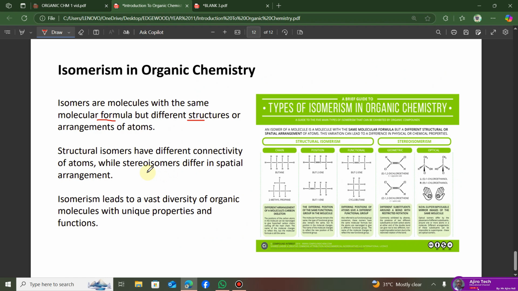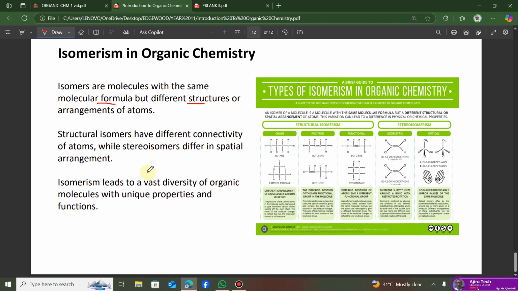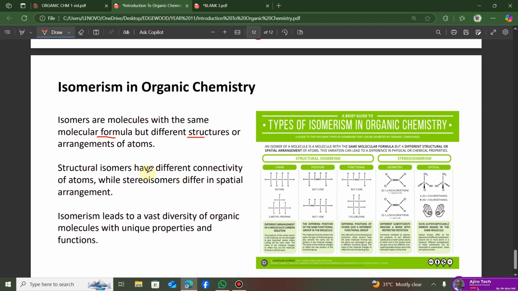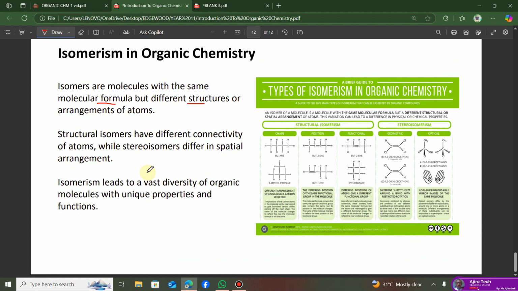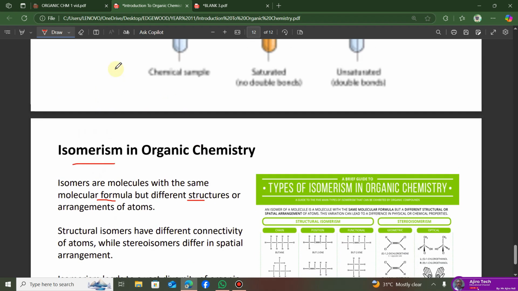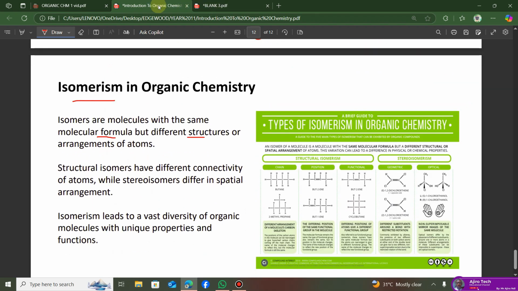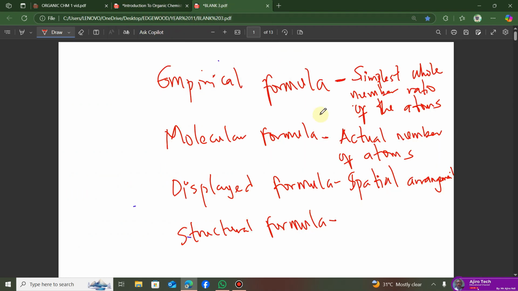So we're going to be learning how to draw different structural isomers when we go into each of these homologous series. All right, so we're going to dive straight into each of the homologous series now. We're going to apply structural isomers. We're equally going to apply the different formulas that we mentioned, that is the empirical formula, the molecular formula, the displayed formula, and the structural formula.